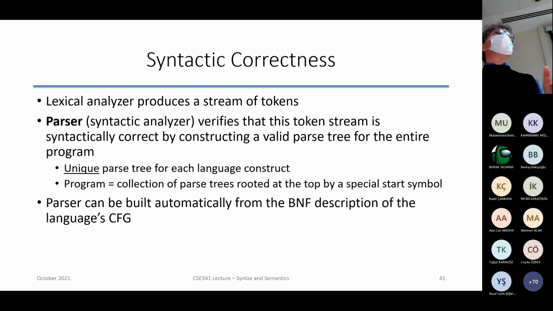So now we are going to say, if I'm able to get a unique parse tree for each correct instance of that concrete syntax, then I am fine. Then I can put my program as a collection of parse trees, perhaps rooted at a special start symbol, perhaps program, and then I'm done.